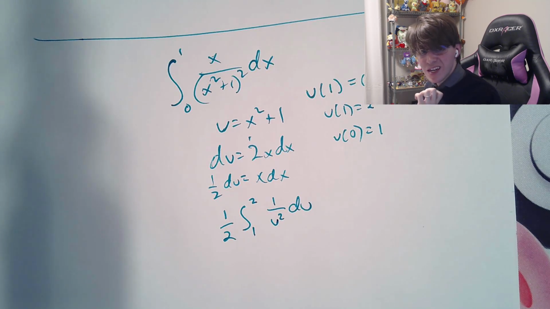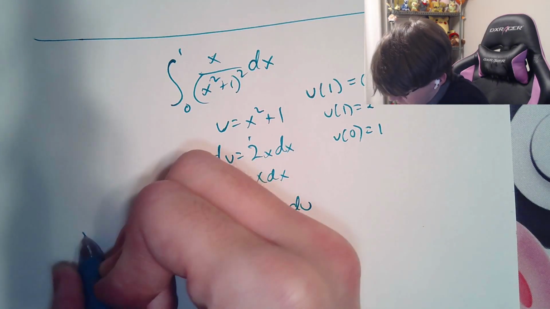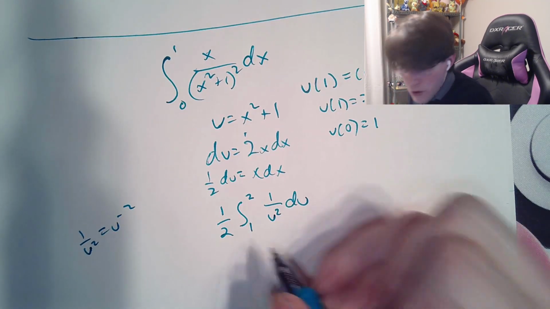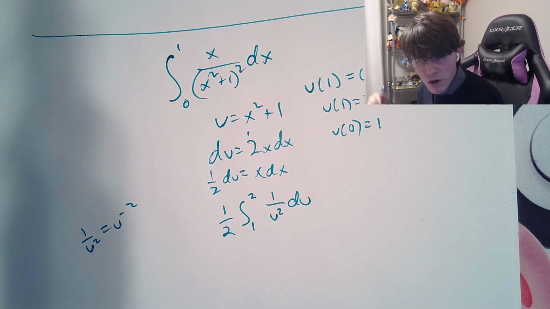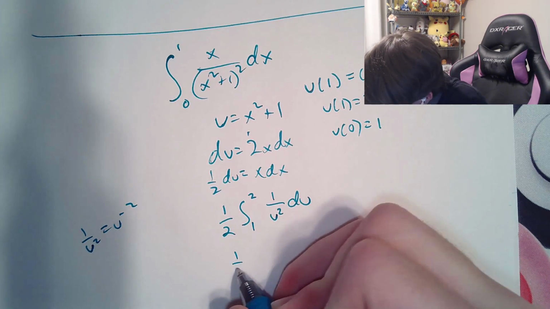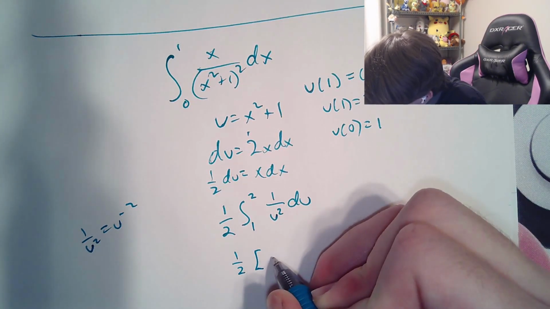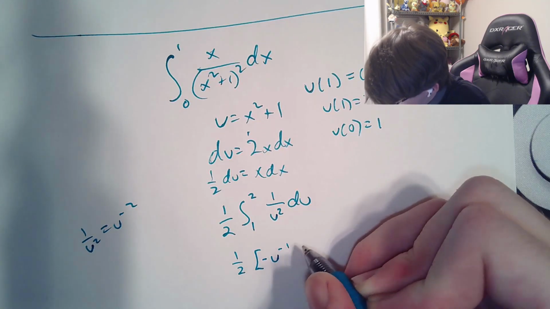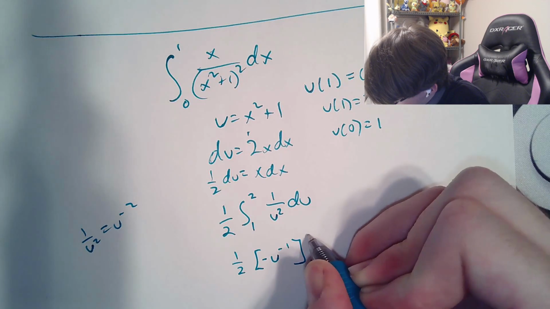And 1 over u squared is the same thing as u to the negative 2. So our antiderivative of that, adding 1 to the exponent, u to the negative 1, divide by the new exponent, which is going to be a negative 1. So you can throw a negative in front from 1 to 2.